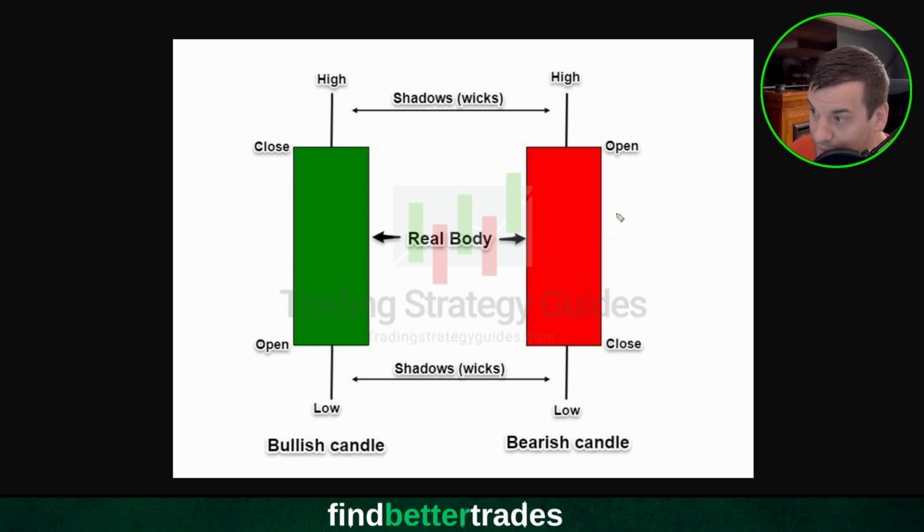Now candlesticks come in different shapes and sizes. These are two typical candlesticks, about as normal looking as you can get. You'll get candlesticks that look like this, something like this, maybe a little thinner. You'll get candlesticks that could even look like that, no wicks at all. And you'll get some that'll even look like this.